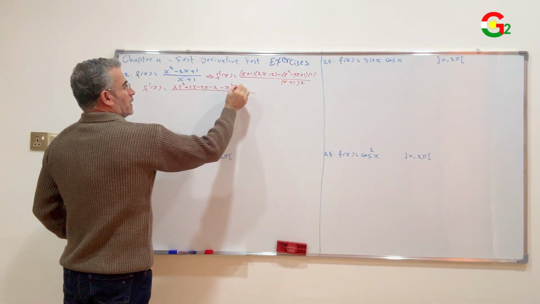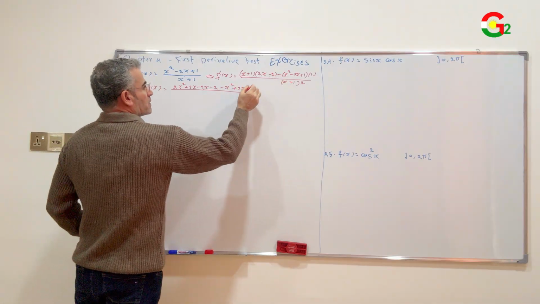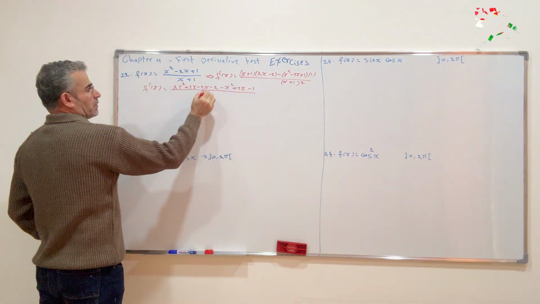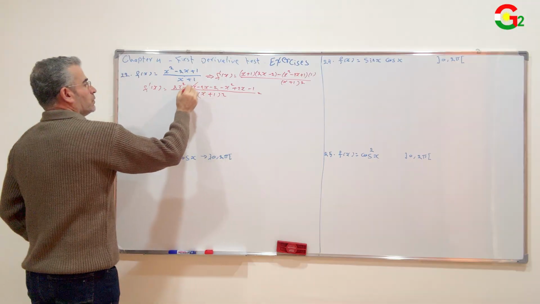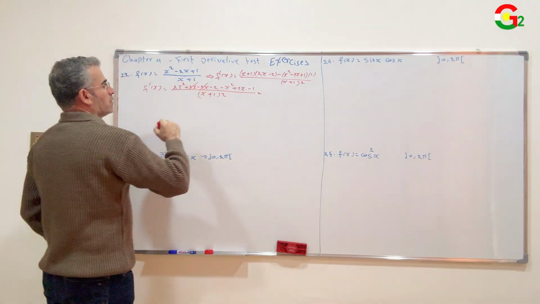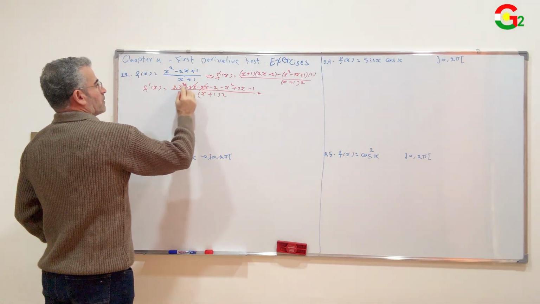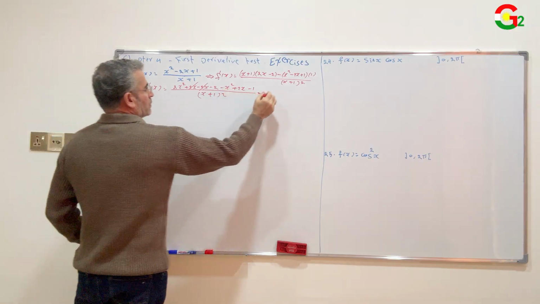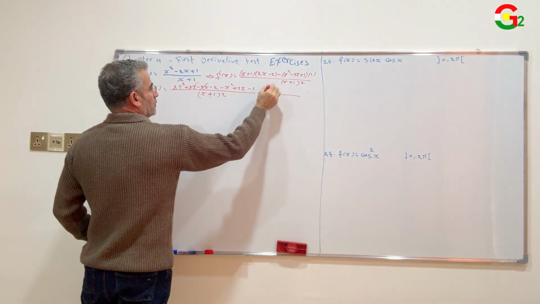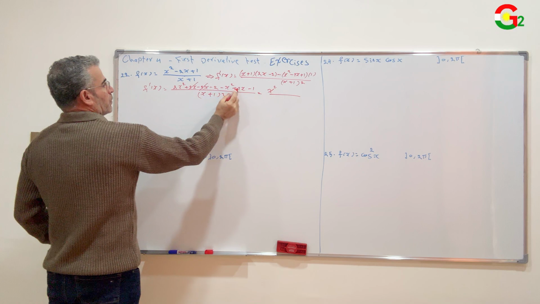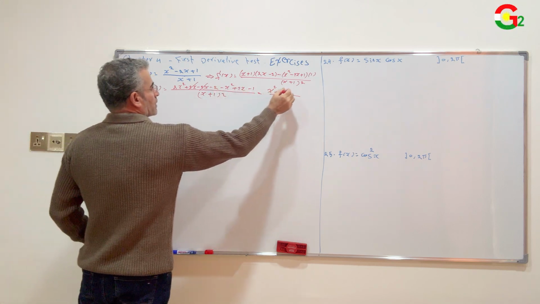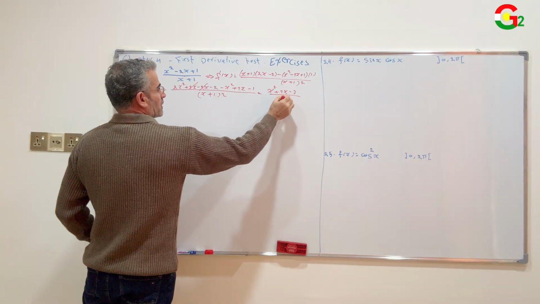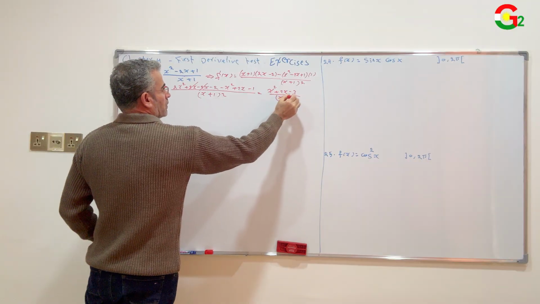Simplify this derivative: 2x times x is 2x^2, 2x times 1 is 2x, negative 2 times x is negative 2x, negative 2 times 1 is negative 2, minus x^2 plus 2x minus 1, over (x + 1)^2. This equals x^2 + 2x - 3 over (x + 1)^2.